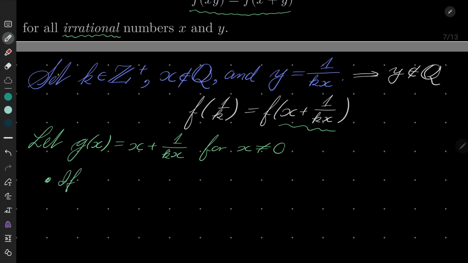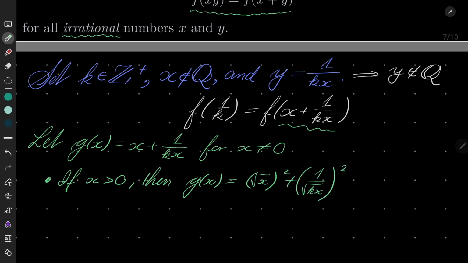First of all, notice that if x is positive, then we can write g in the following manner: square root of x squared plus 1 over square root of k times x squared minus 2 over square root of k plus 2 over the square root of k.